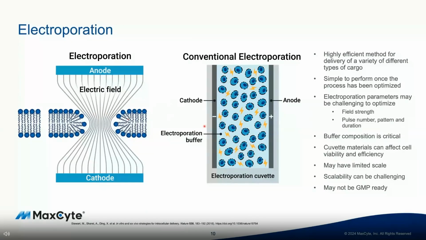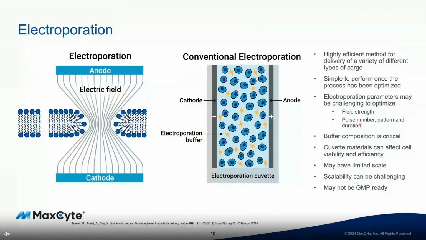If you look at a typical electroporation cuvette, which has electrodes on both sides of the cells, you can electroporate multiple cells at the same time to introduce your cargo into them. If the process is optimized, and you consider the field strength, which is the voltage applied, the pulse number, pulsing pattern, and duration of that pulse, you can get highly efficient delivery into the cell.